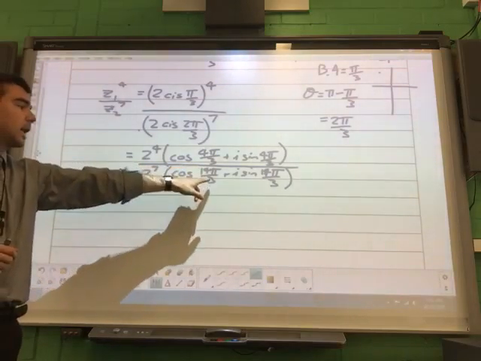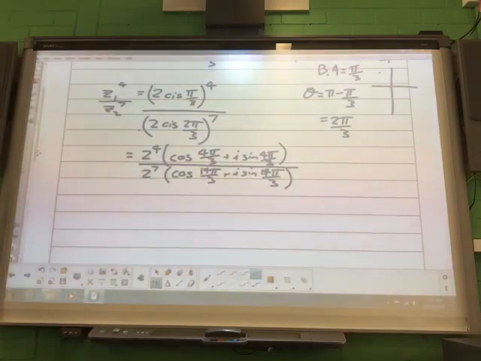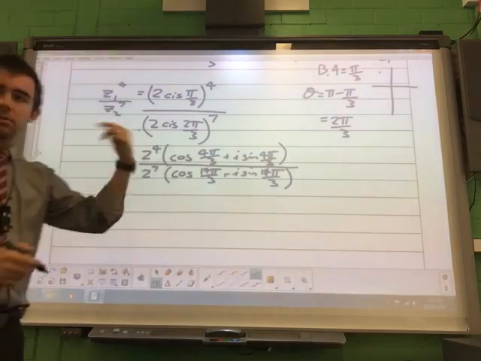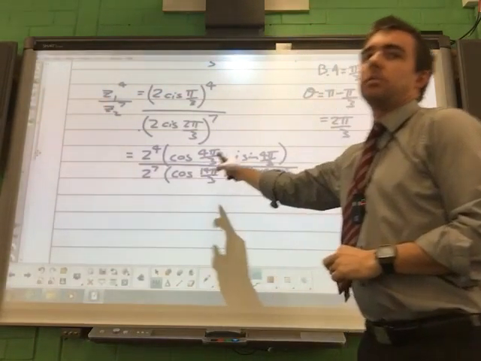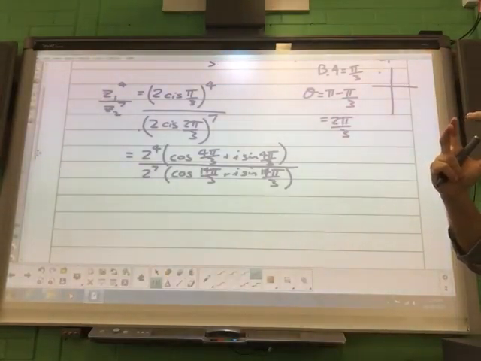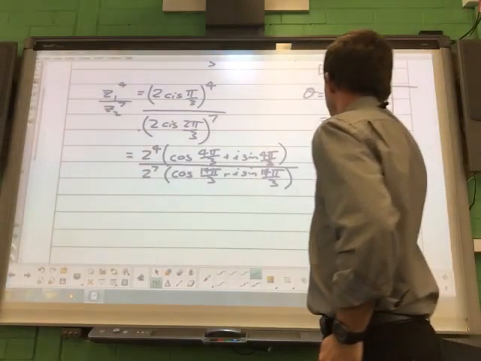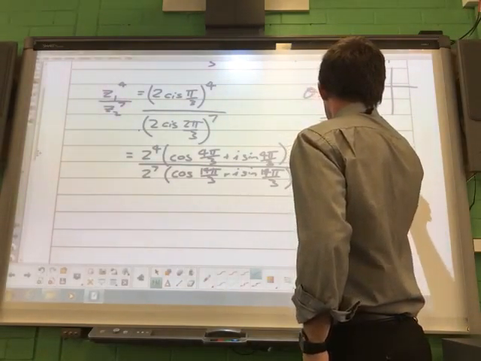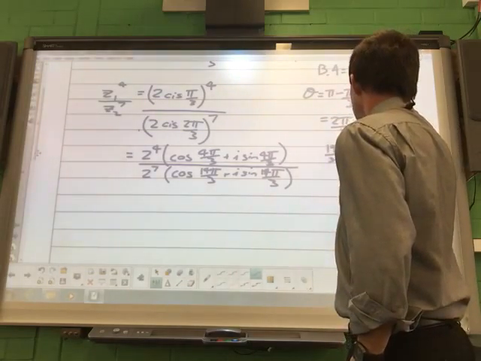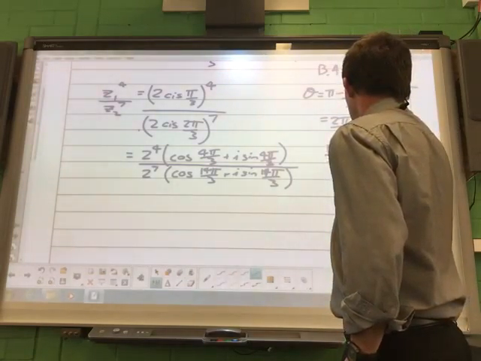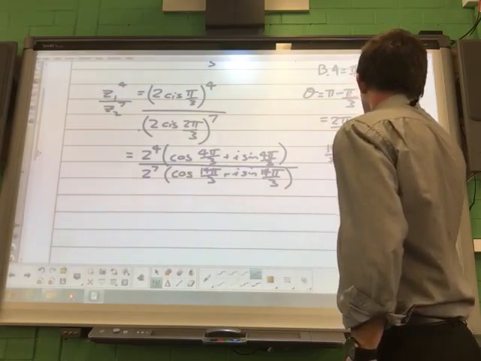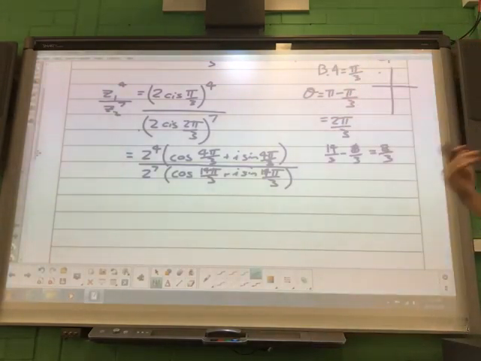Now 14 over 3, so it will be over 4 pi. What we need to do is bring it back into the 360, 2 pi domain. So we take 2 pi away until we get 14 pi on 3 back into an angle between 0 and 2 pi, so that we can work on it. 14 over 3, take away 6 over 3, so we have 8 over 3, but that's still outside our 360.